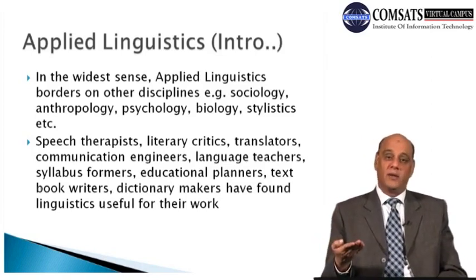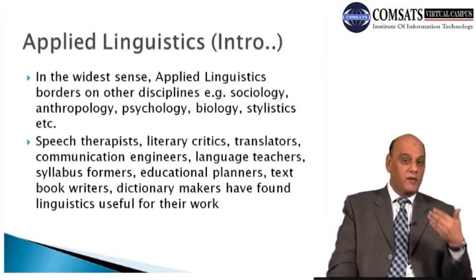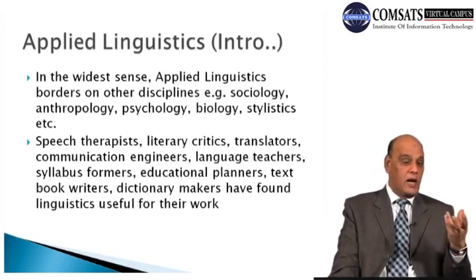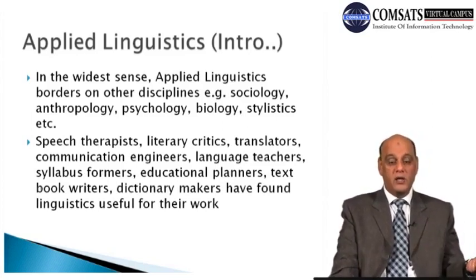Basically, you talk about the particular vocabulary, and you talk about the particular style which the linguistics attains according to that profession. So it has a link with the other disciplines.